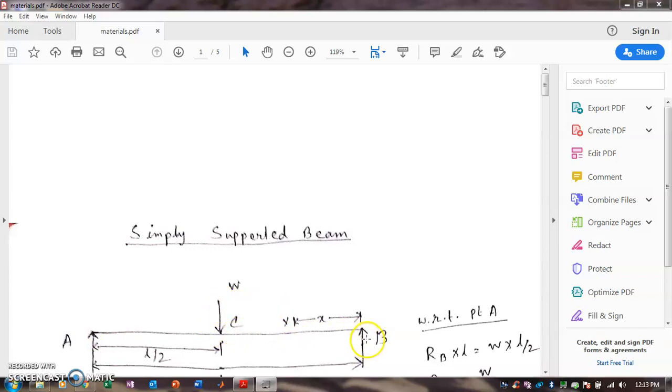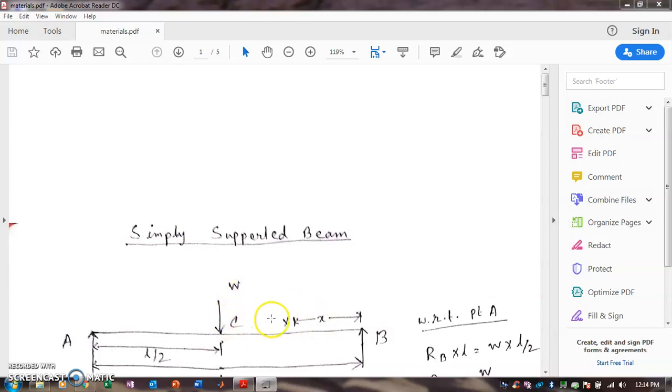Two forces. One is reaction at B, that is RB, and the other is W. So RB will produce a moment anti-clockwise and W will produce a moment clockwise, and both will be equal.